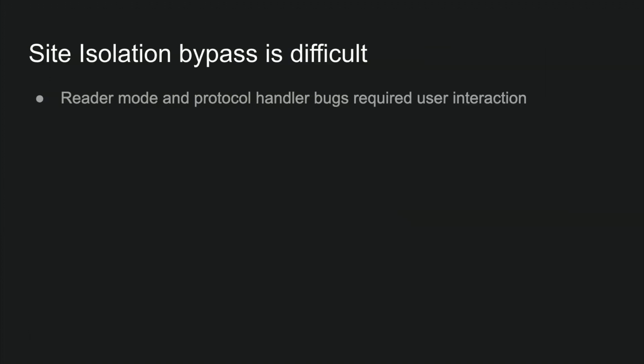5K, sorry. Yeah, but if you think about it, site isolation bypass is a bit difficult. The reader mode and protocol handler bugs required user interaction, like a user has to accept the prompt. For reader mode, you have to use reader mode. Post message and protocol handler wouldn't work on every website.